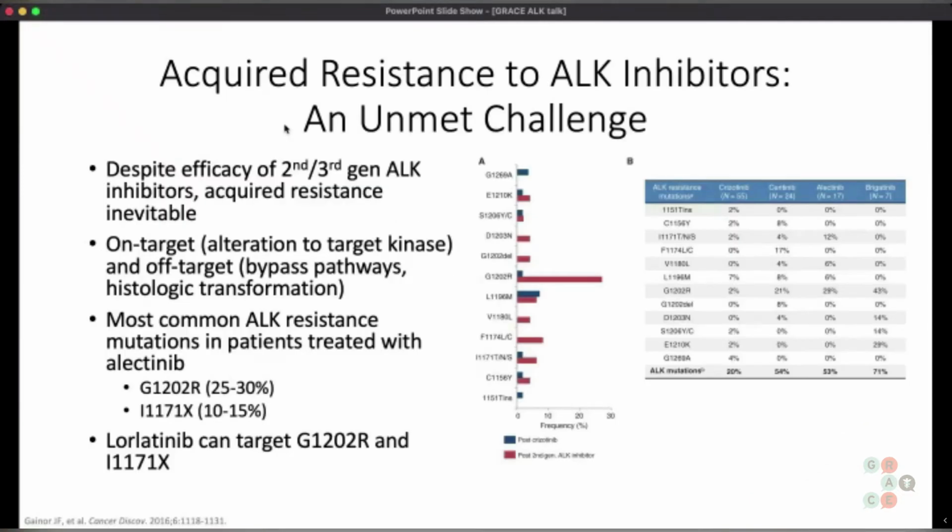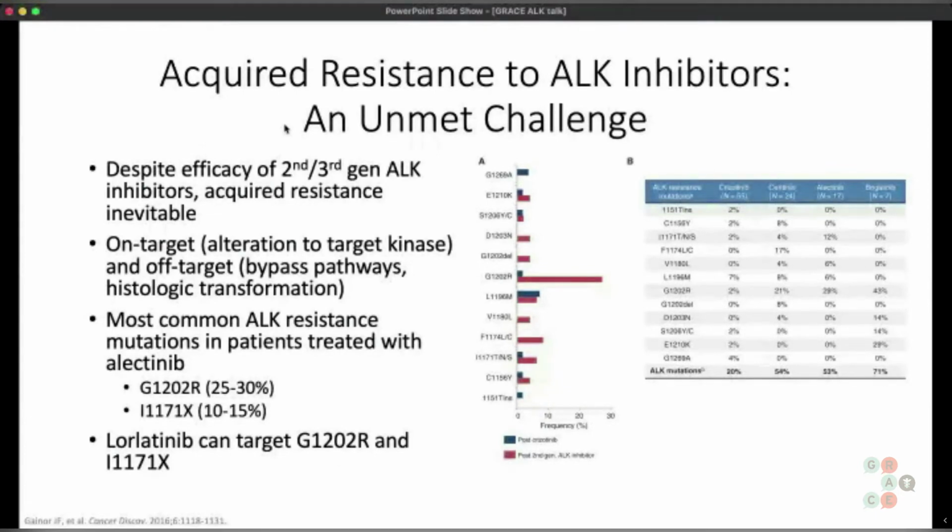So as I mentioned, although we're really excited about the efficacy of these drugs for our patients with ALK rearrangements, despite the efficacy, we know that acquired resistance, unfortunately, is considered to be inevitable. So these drugs will stop working at some point. And when they stop working, we oftentimes see both on-target and off-target pathways that seem to develop at the time of resistance.